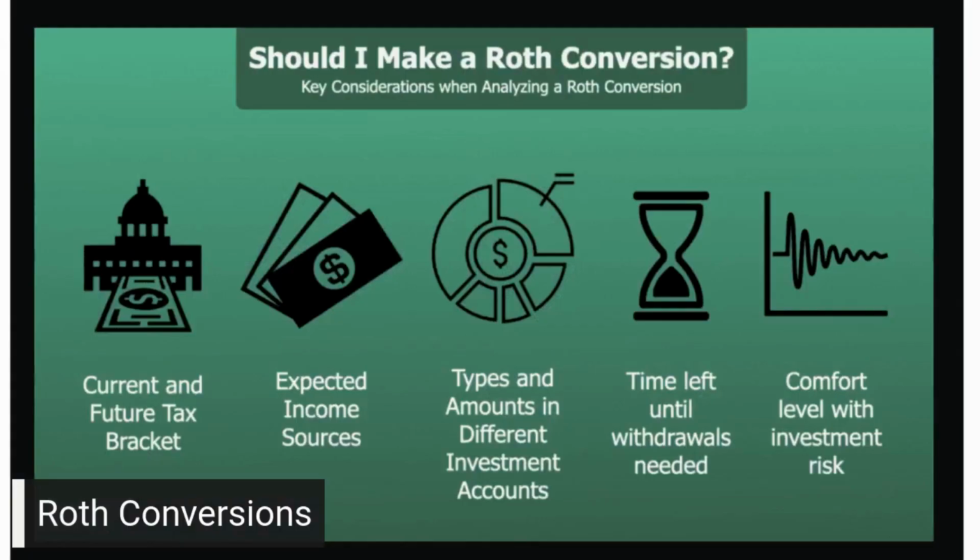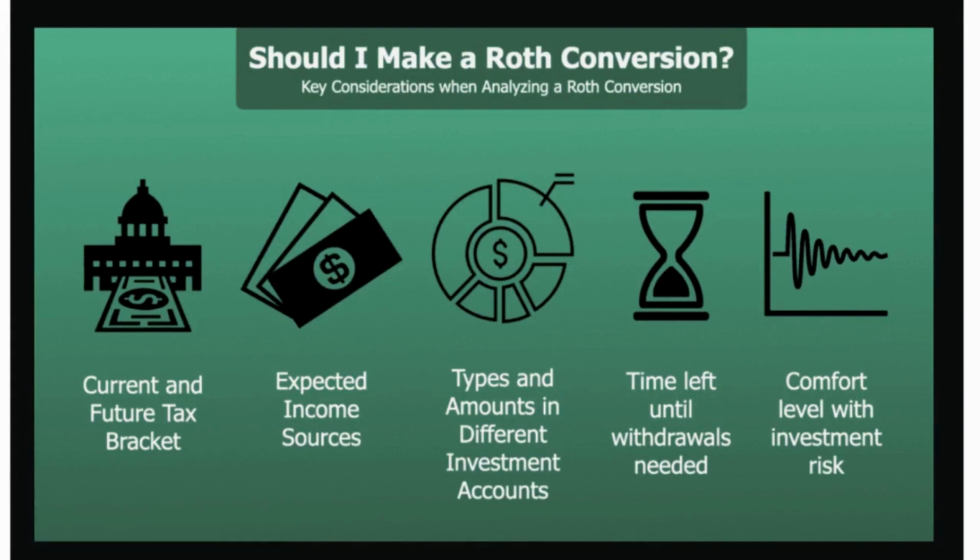We have a large looming debt over our head, and potentially in the future, the tax implications can be higher. So using a Roth can be a way to navigate around potential tax implications in the future. But there's some things that you should consider. You should consider your current and future tax brackets, how much time that you do have left, and then your comfort level with the risk that's associated with moving your money over to a Roth.